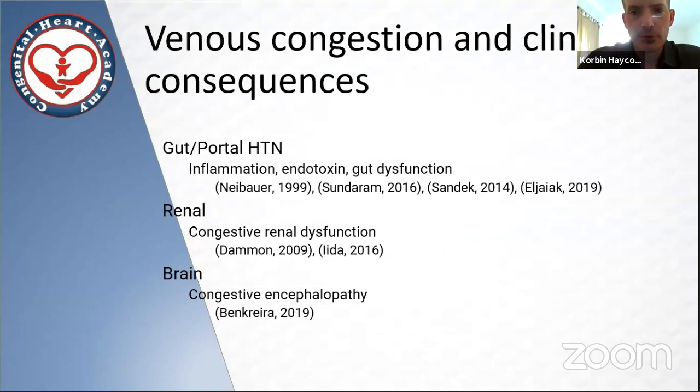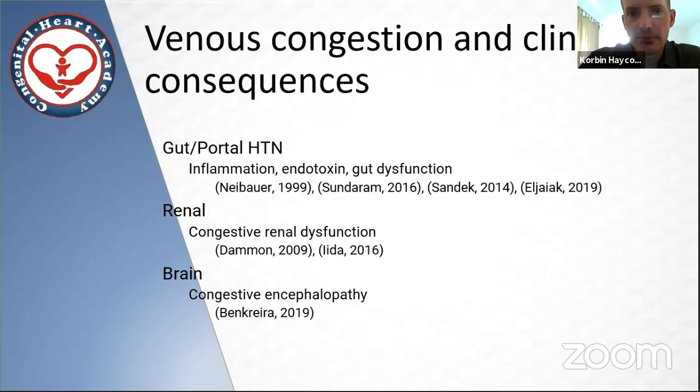I think a lot of times when we're thinking about the macro circulation as opposed to the microcirculation, we're considering perfusion in terms of what's the mean arterial blood pressure. And we need to remember that there's downstream pressures that are generated by the venous pressures and congestion that actually can decrease flow and perfusion to the vital organs.